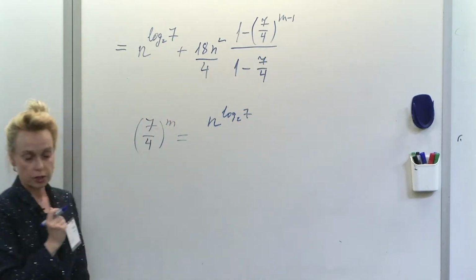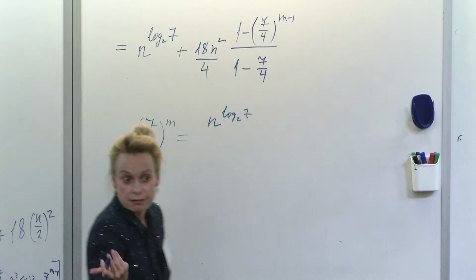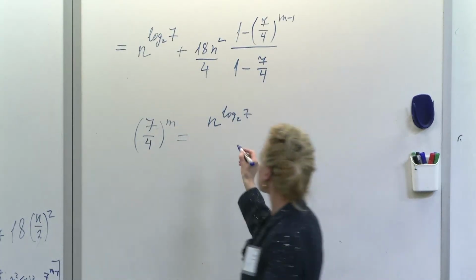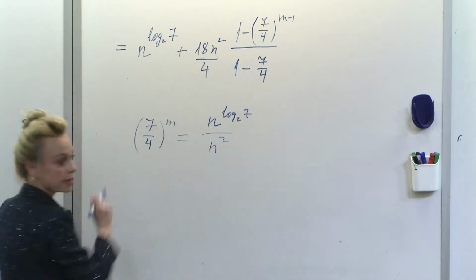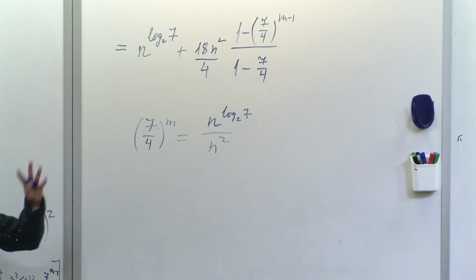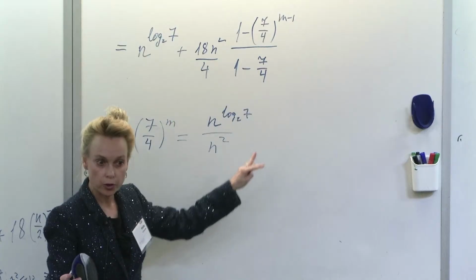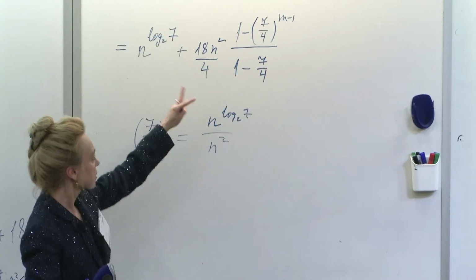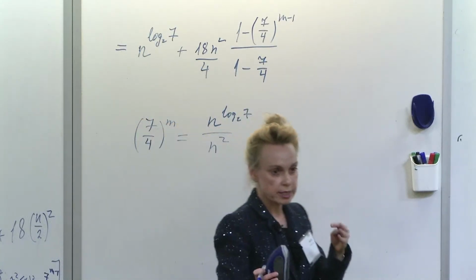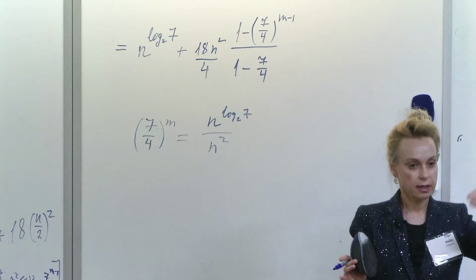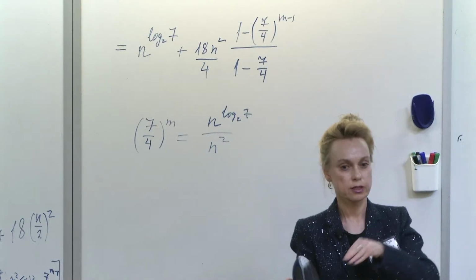And what is 4 to the power m? This is n squared. So the n squared terms will be gone. And so what we see is another term of the same order. And again, I'm being kind of lazy with constants, but what you see is a constant times n to the power log base 2 of 7.